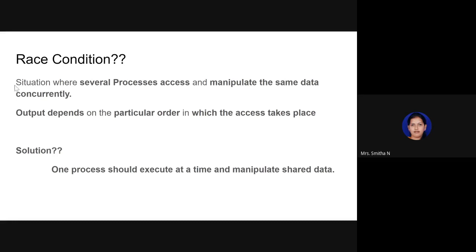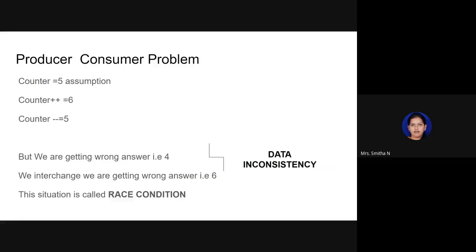That situation we call race condition, where several processes try to access and manipulate the shared data concurrently, and the output after manipulation depends on the order in which you execute those steps. That gives you inconsistent data or output, not the correct value.